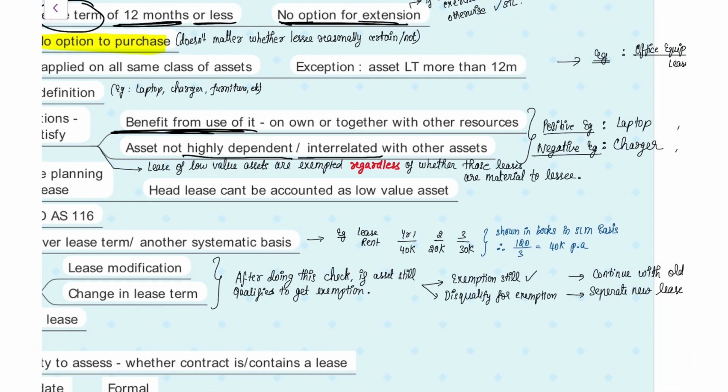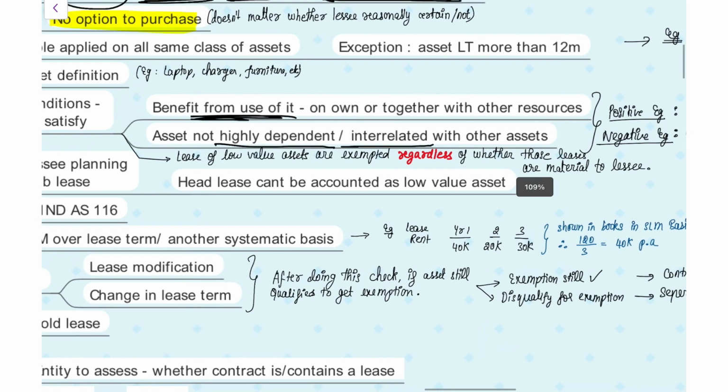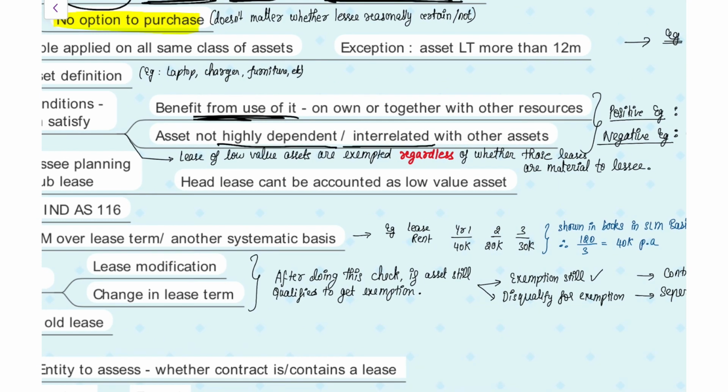Then there is one more point you have to remember: leases of low value assets are exempted regardless of whether those leases are material to the lessee.